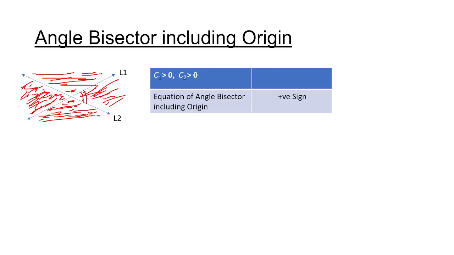First C1 and C2 we have to make positive, and we have to find the equation of the angle bisector with the positive sign. Then the equation we find will contain the origin.